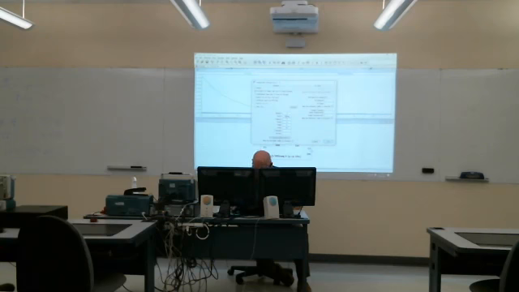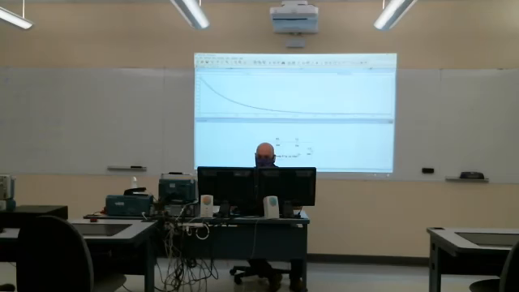Should just be 5 meg for 10 micro. There we go. That's getting pretty close. So we've done enough that I'm fairly confident that this is the right theoretical response.